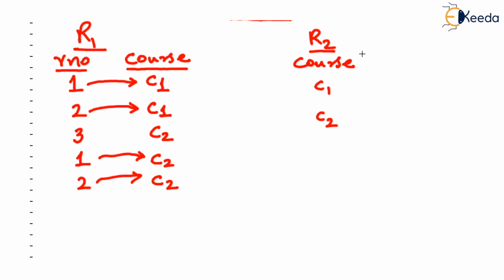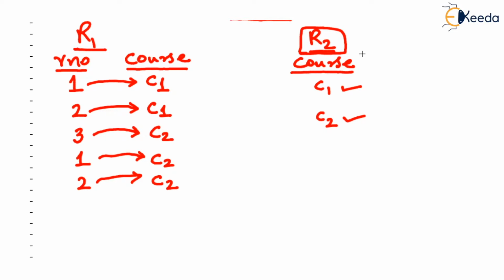The other relation R2 contains all the courses that are offered by our institute. Only two courses are offered, C1 and C2. Now we are interested in knowing which students have enrolled for all the courses.